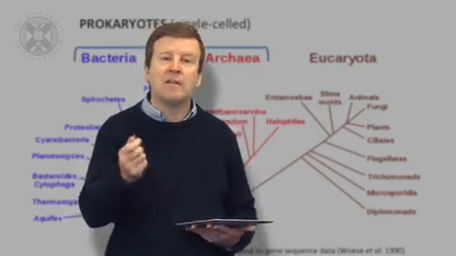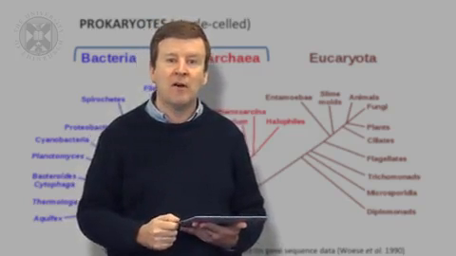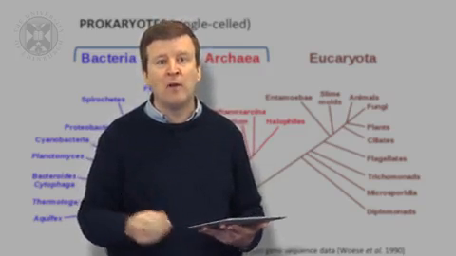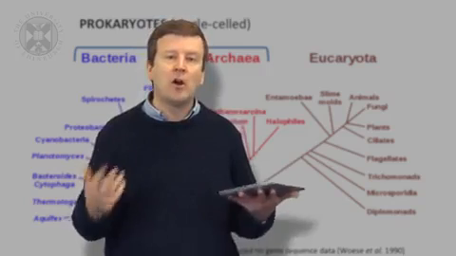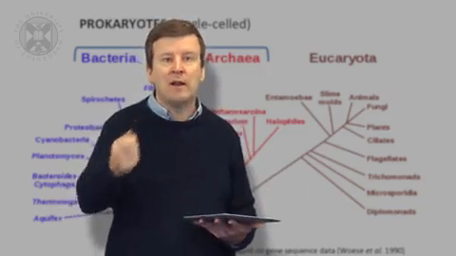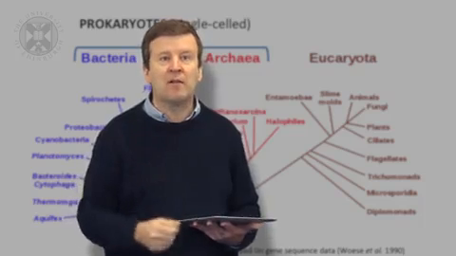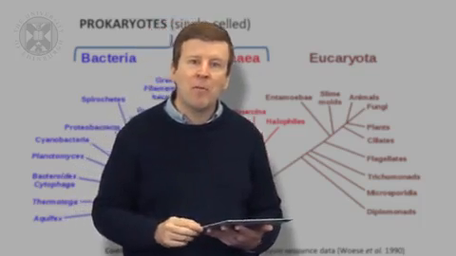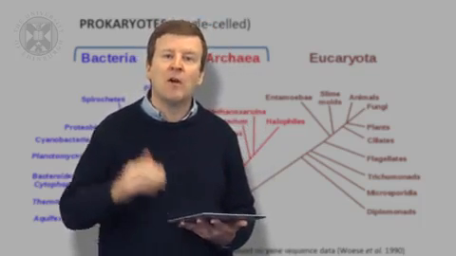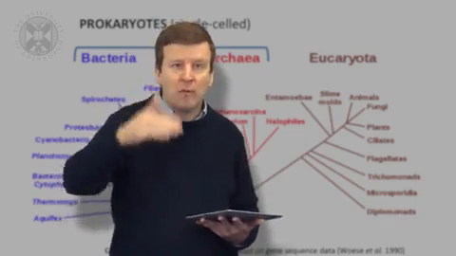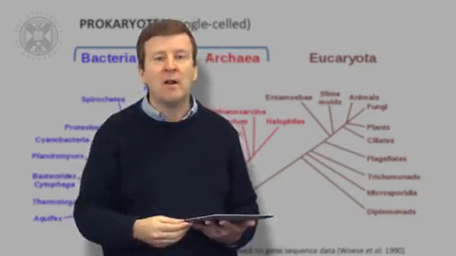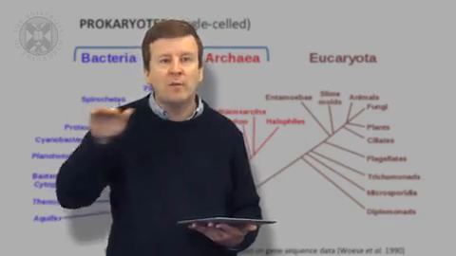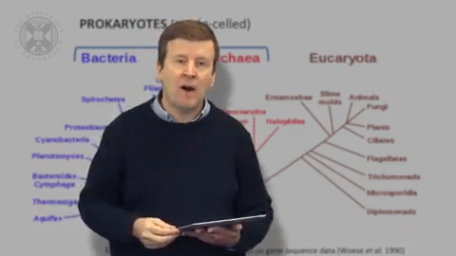In the environment, they can take up DNA from other bacteria and they can change their characteristics by absorbing this DNA. And one process by which they do this is called conjugation, whereby they directly transfer DNA from one bacterium to another. This process makes the tree of life a little bit more complicated because genetic information is not just transferred vertically from one generation to another through time, but the material can also be transferred horizontally, as we say, between species at any particular point in time.